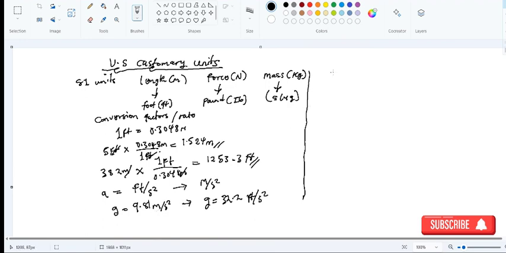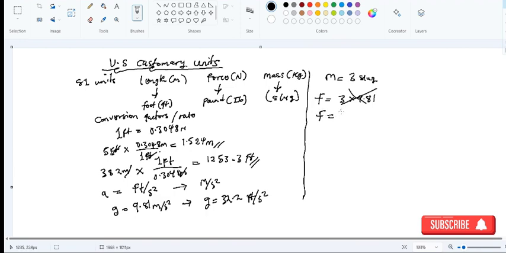For example, you want to calculate for force, and you're given maybe mass in 3 slug. If you then use 3 times 9.81, this is wrong, and you're going to get a completely different answer.